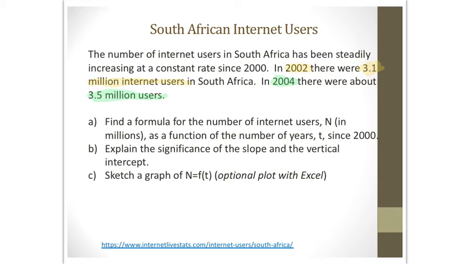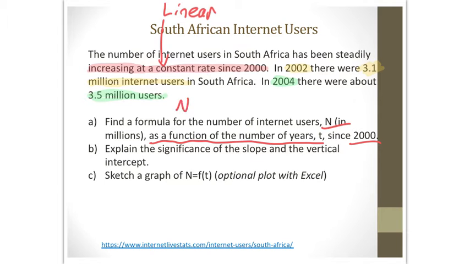And one really important thing to note here is that because this increase is at a constant rate, this is what tells me we should use a linear relationship. So we're going to have a formula here, and what we have is n as a function of t, years since 2000.